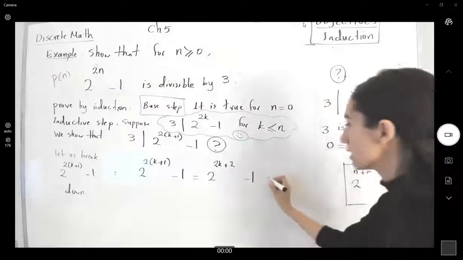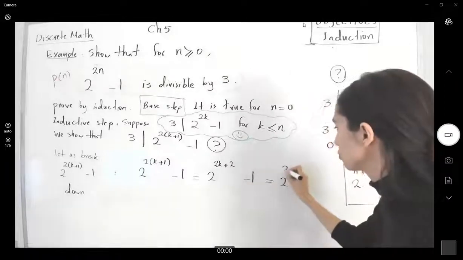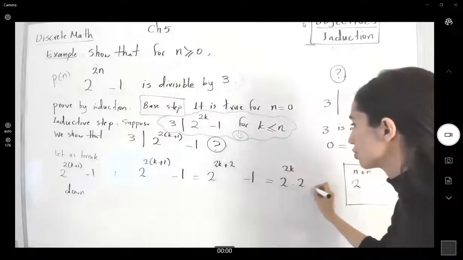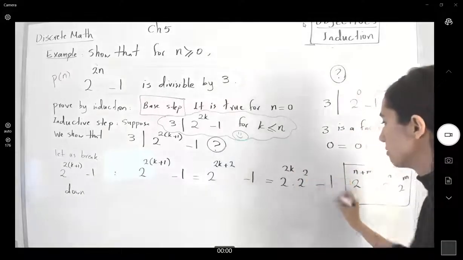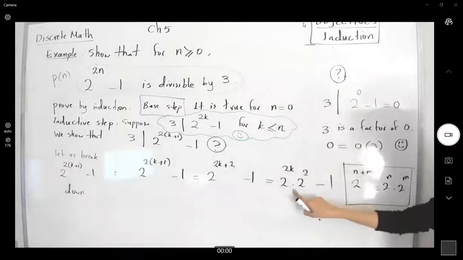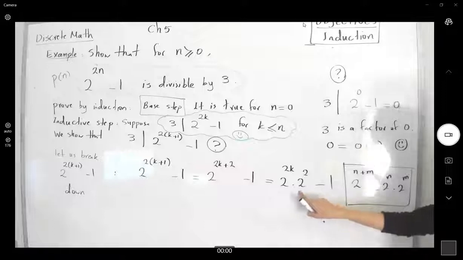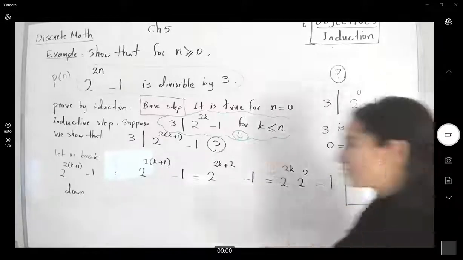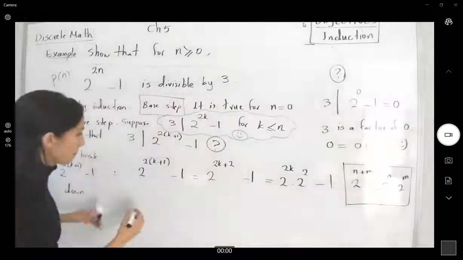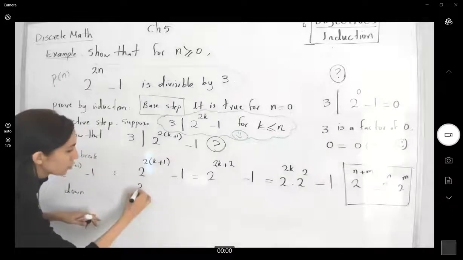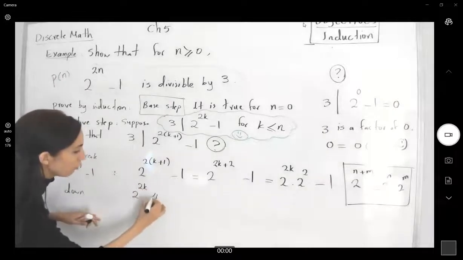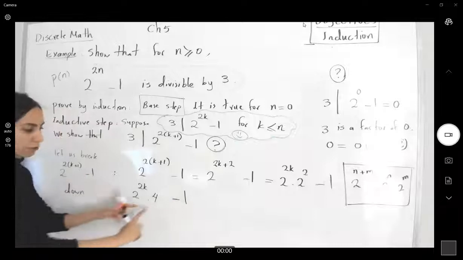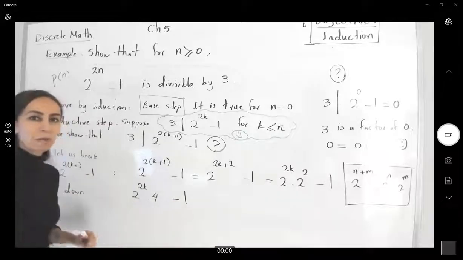So this can be written as 2 to 2k times 2 to the second power, minus 1. Multiplication comes first. This 2 squared doesn't belong to minus 1. You cannot do the subtraction here. You have multiplication to deal with first. So this guy is 2 to 2k times 4, minus 1. 4 is 3 plus 1.